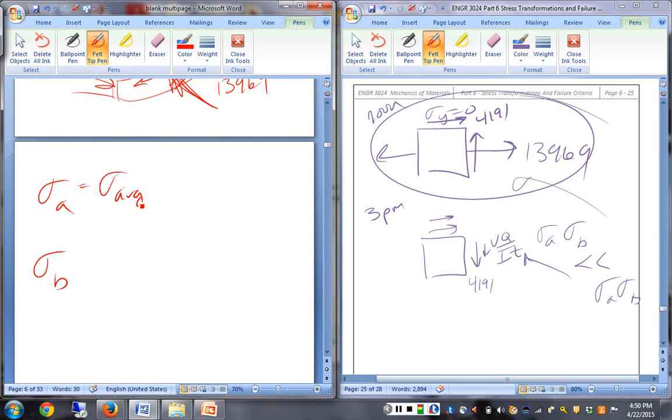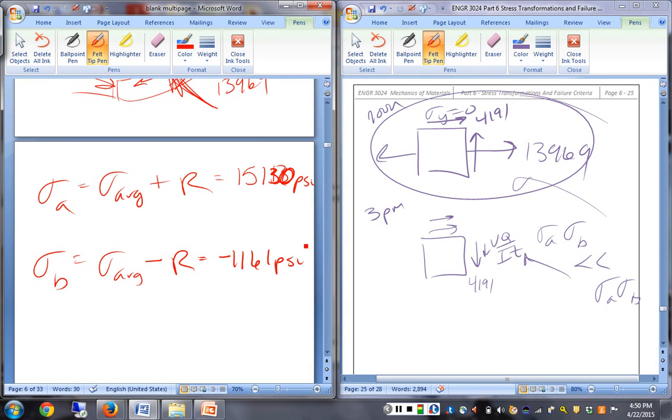That's the sigma average, which I trust that you can get, plus the radius. This guy is sigma average minus the radius. And it ends up that these numbers, if I jump to the end, are 15,130, and minus 1161.